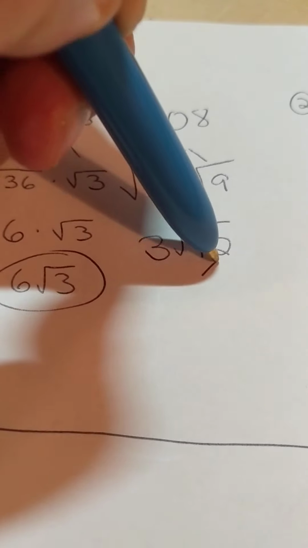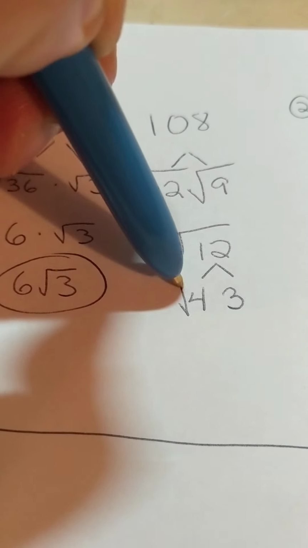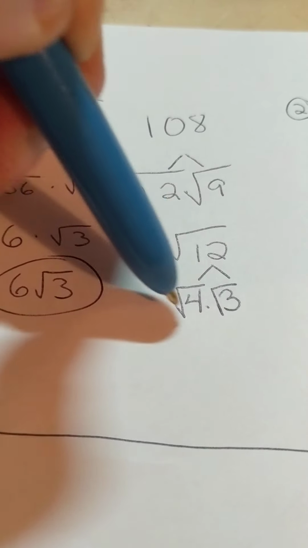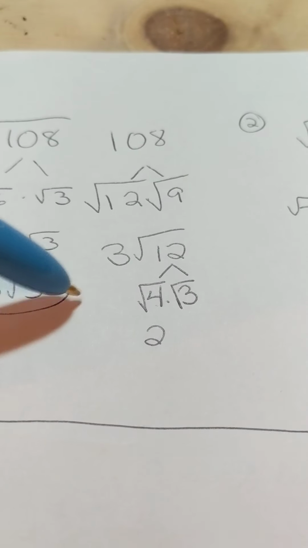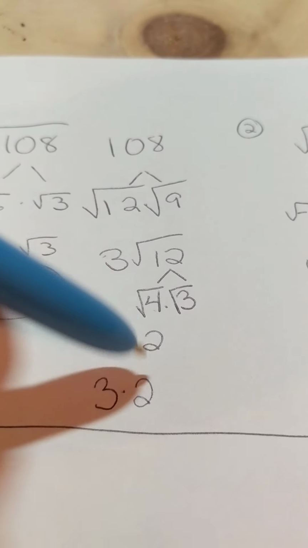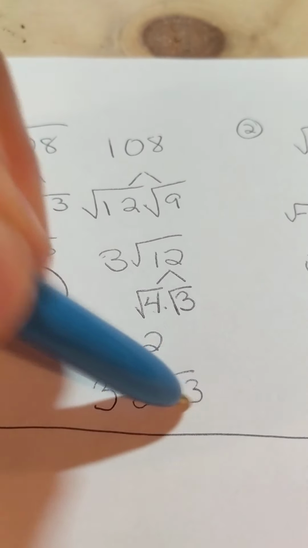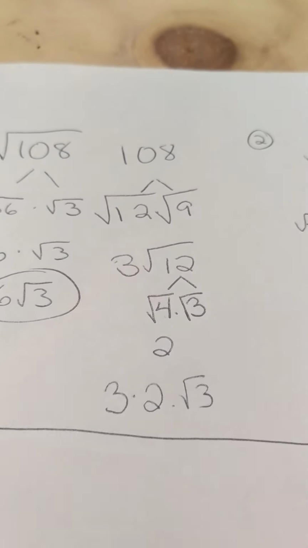But there is another perfect square that can be taken out of 12, that was the 4, and so the square root of 4 becomes 2. So now what I have is the 3 times the 2 times the square root of 3. 3 times 2 is 6. Square root of 3 stays the square root of 3.